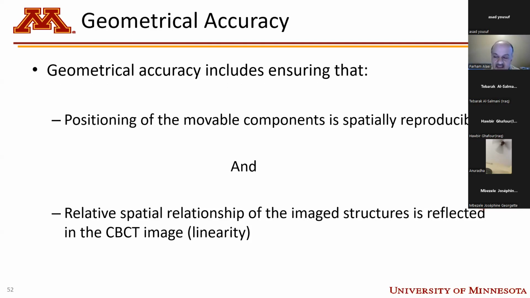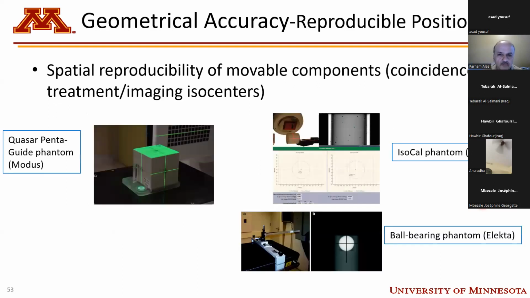So if you use 10 cm on the phantom, it actually reconstructs at 10 cm. Again, for reproducible positioning, on a daily basis, on a kilovoltage cone beam CT, you want to make sure the arms extend to the same place, the treatment and imaging isocenter coincide, and so on and so forth.